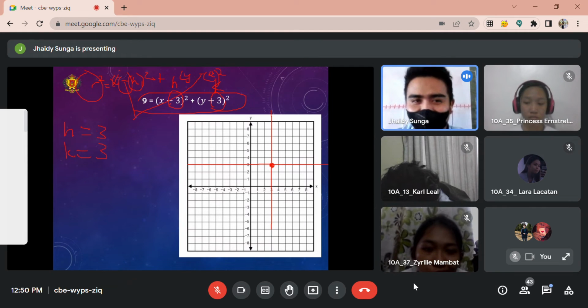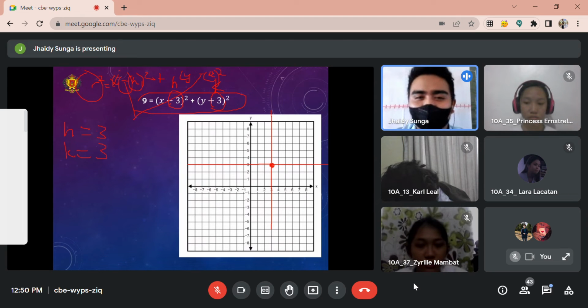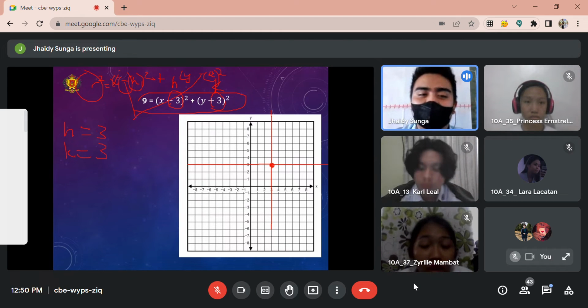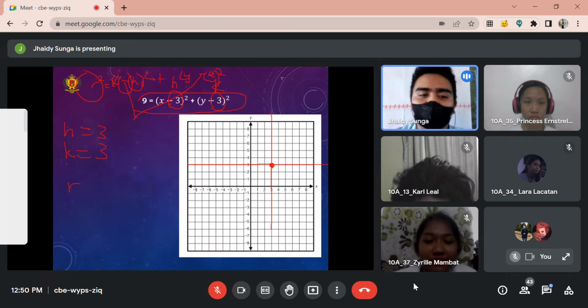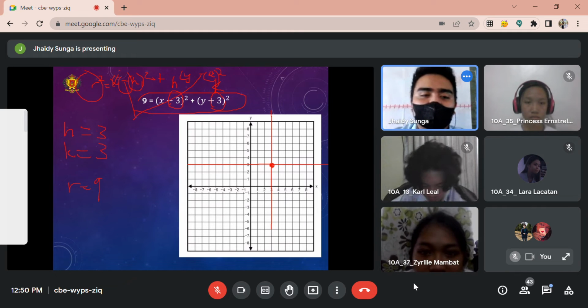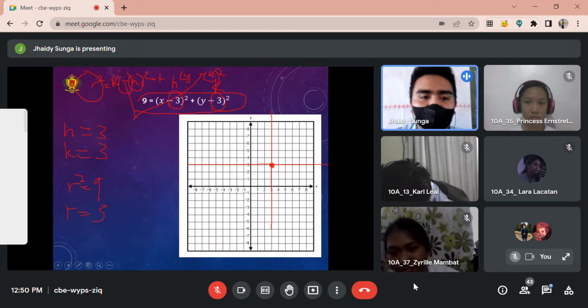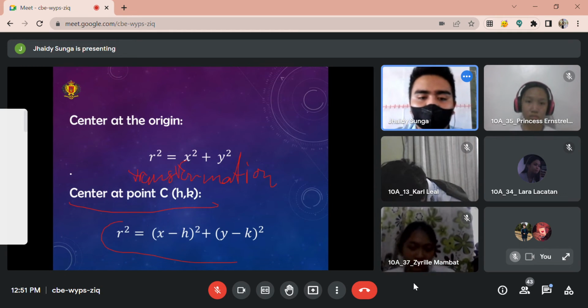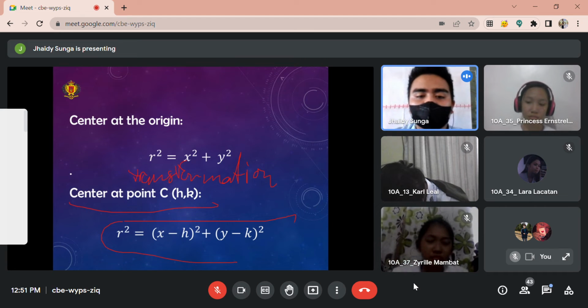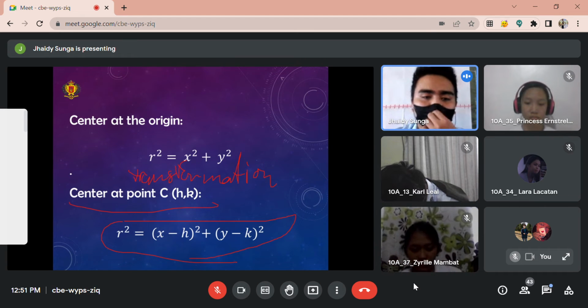Our r squared is 9, sorry. Our r squared is 9, and our r is 3. Remember, this is our standard form, our standard formula for center at point.